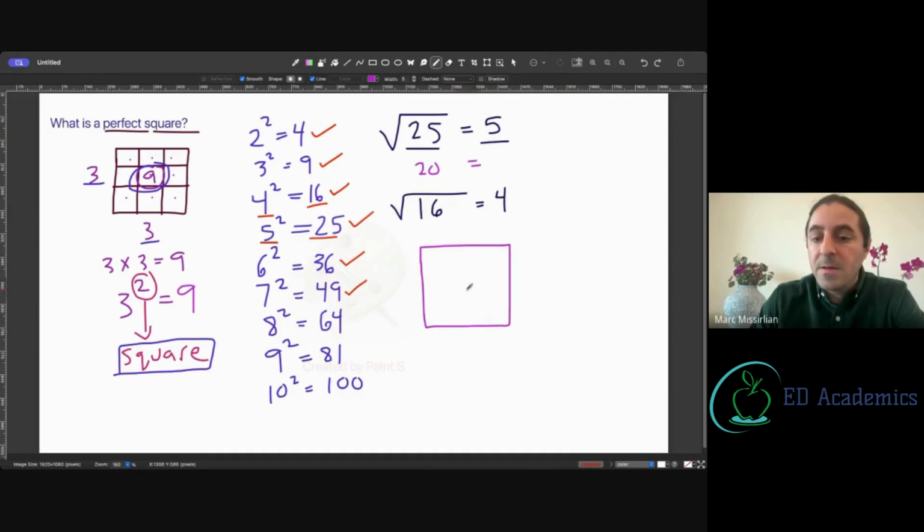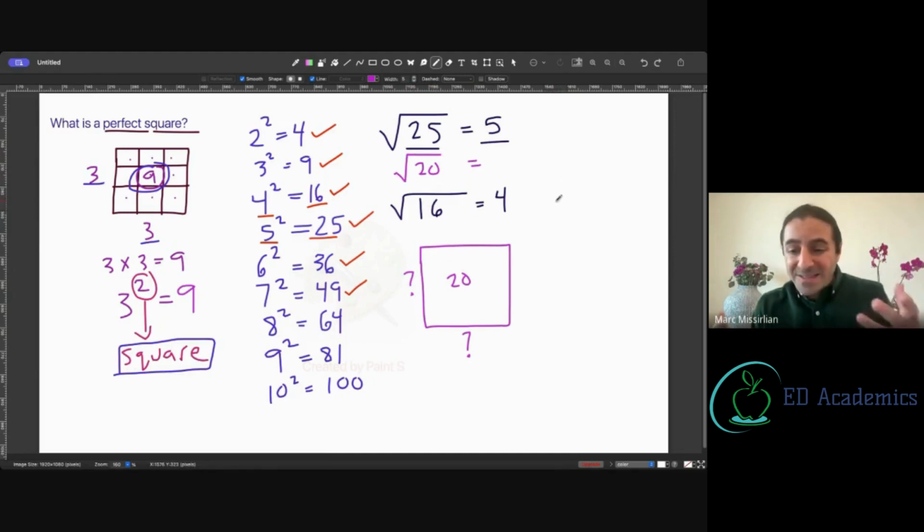What is the side length going to be? What is the square root of 20? Well, that's not something we can just know. Maybe we know it's going to be between 4 and 5 because 4 squared is 16 and 5 squared is 25. So some number between 4 and 5 has to equal 20.